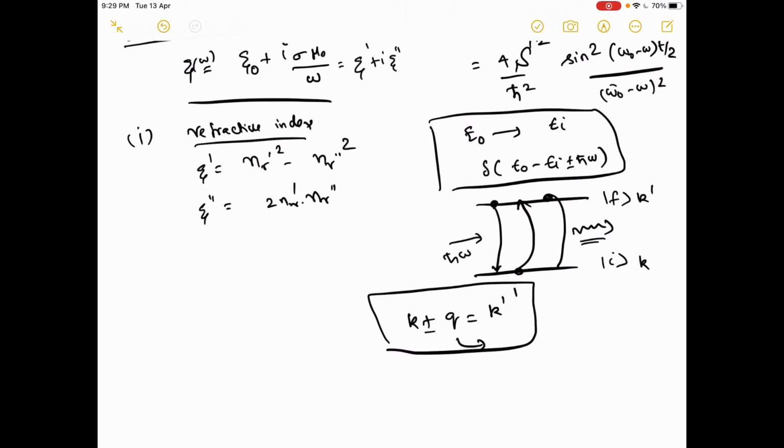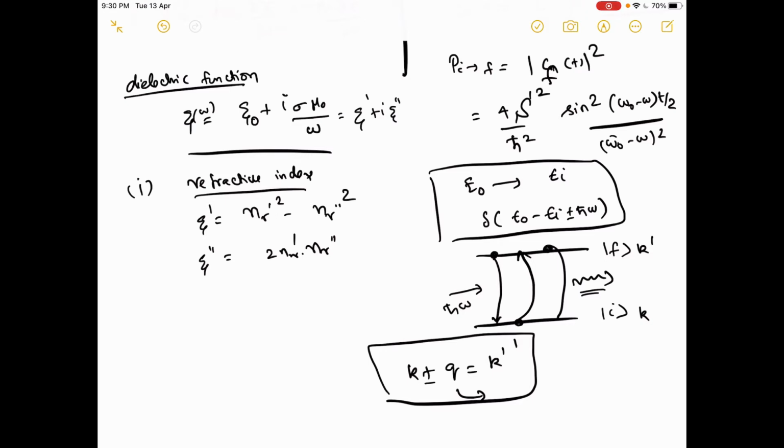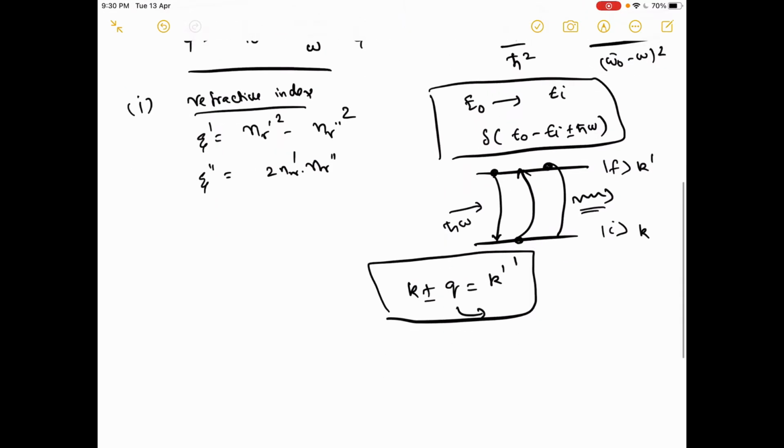So one can always question, in our previous treatment, why didn't we get anything which relates to wave vector conservation? Let's deal with that very quickly and come back to our original treatment. We will show that excitation using electromagnetic radiation should also satisfy wave vector conservation in addition to energy conservation.